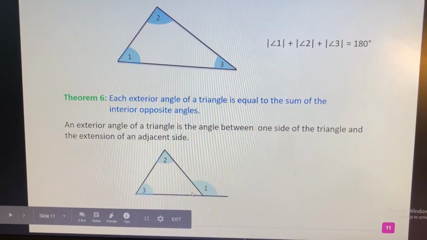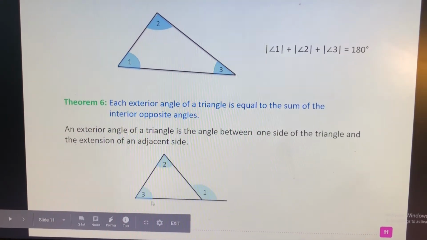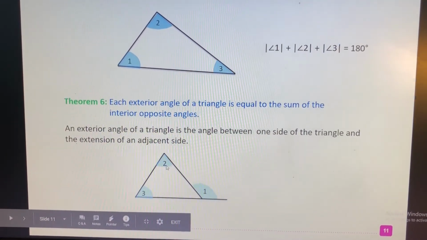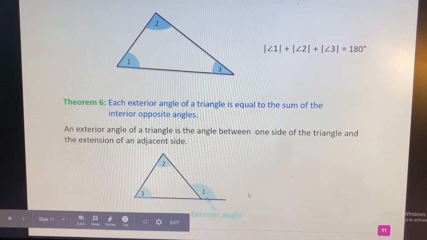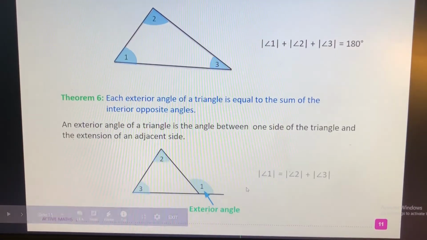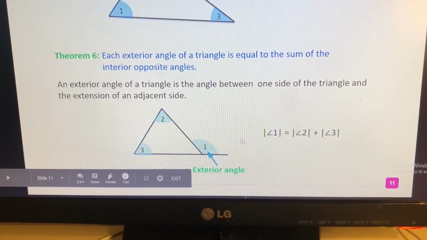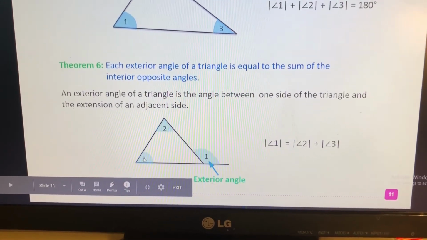So the opposite angles, that's this one up here and this one up here. In other words, if I added the measurement of this and this together, it would be exactly the same as this one here. So let's have a look at that. Angle 1 in this diagram is equal to 2 and 3 put together.